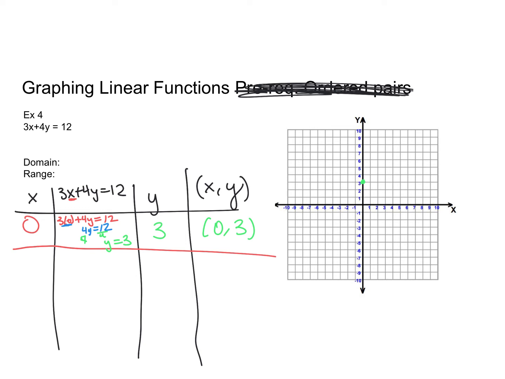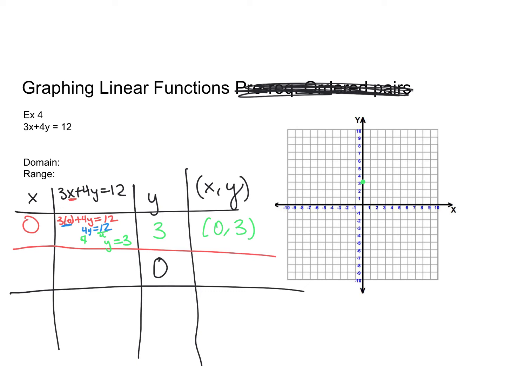Now, hypothetically, you could pick values for x. Maybe you pick 1 or 2 or 3 for x and you solve for y. But actually, there's a really smart, clever trick, which is to plug 0 in for y and solve for x.